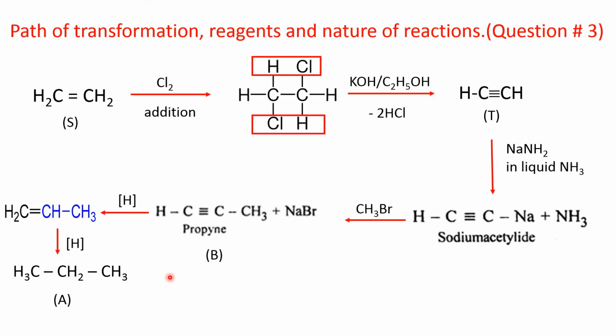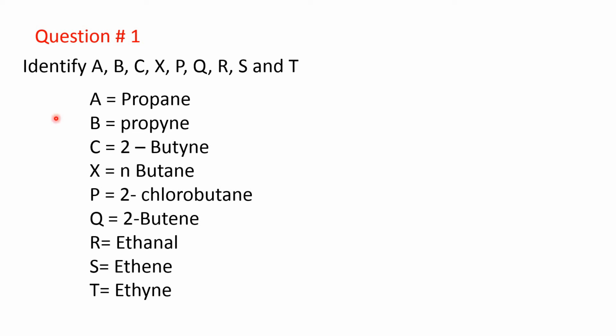So, this overall reaction shows the ascending series, that means the lower alkane to higher alkane, and the reverse one, that is descending series, that is higher alkane to lower alkane. So during this overall transformation or in the problem, we have compounds A, B, C, X, P, Q, R, S and T. What are those compounds?